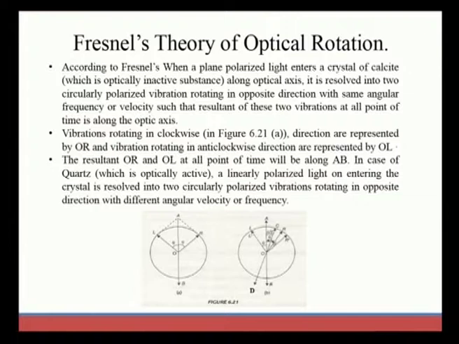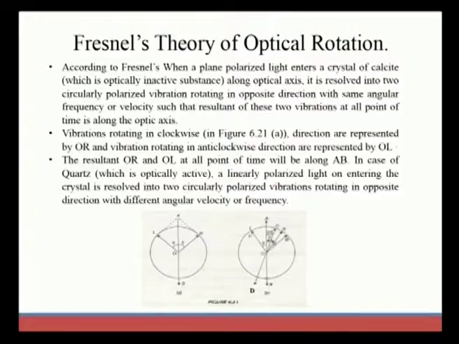When polarized light falls on a crystal, we get two types of waves, the E ray and the O ray, as we know already. The resultant of these two rays coming from the calcite crystal will be on the optic axis.